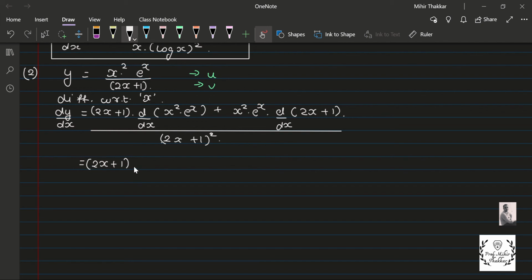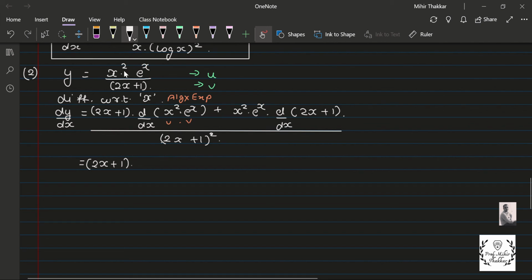X square into e raised to x: you can make out from here that this is an algebraic term and this is an exponential term. So I am having a product of algebraic and exponential terms. So I consider this as u and this as v. So here it becomes the u into v rule, the multiplication rule.